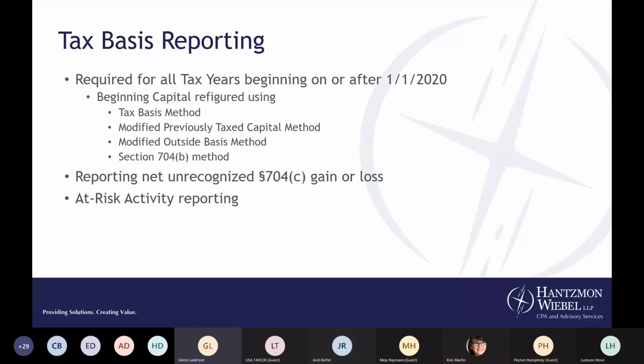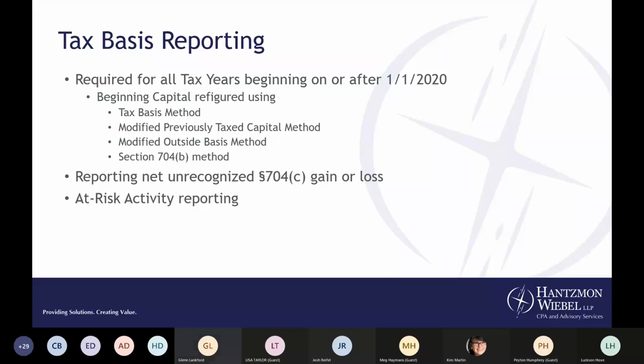Because, for example, as Josh mentioned in his explanations of the different methods, Section 743 basis adjustments, which we'll get into a little bit later, are not taken into account in calculating tax basis capital, but they are a part of a partner's tax basis.